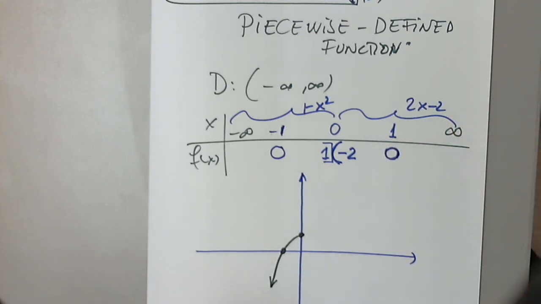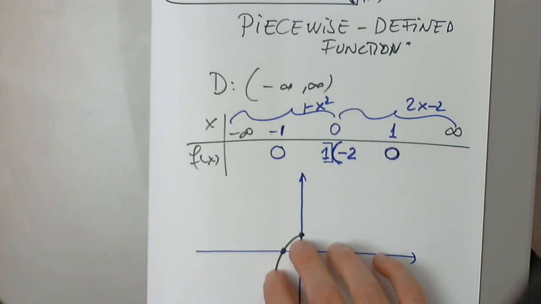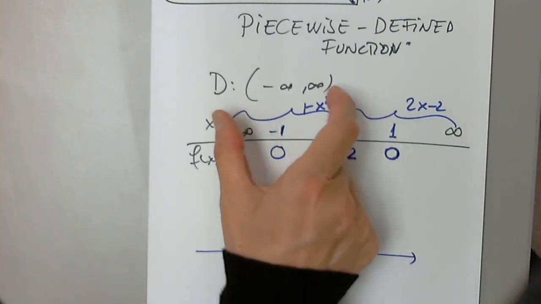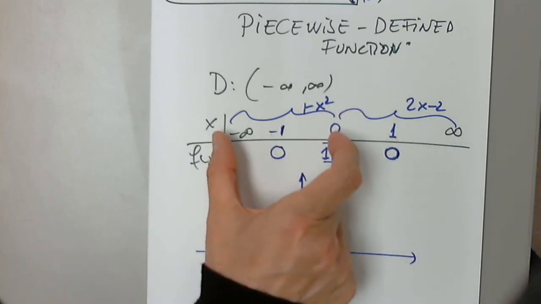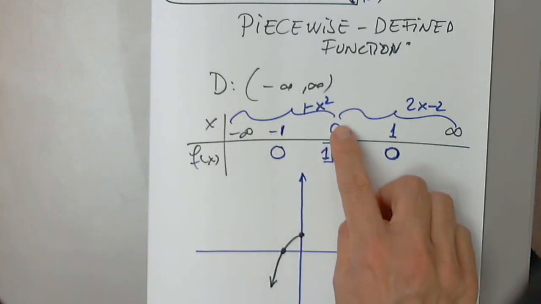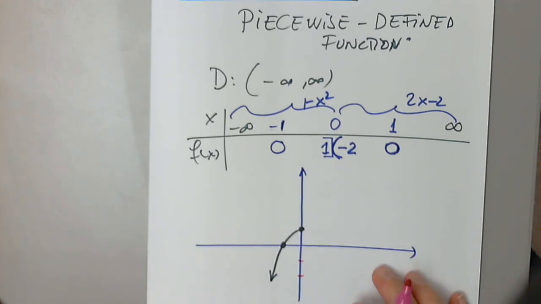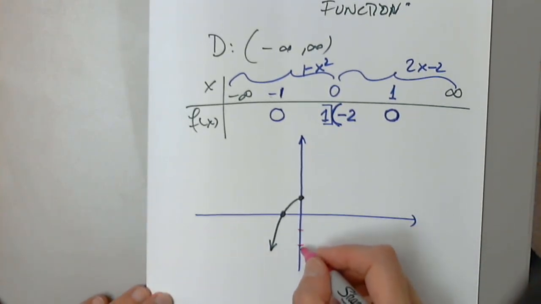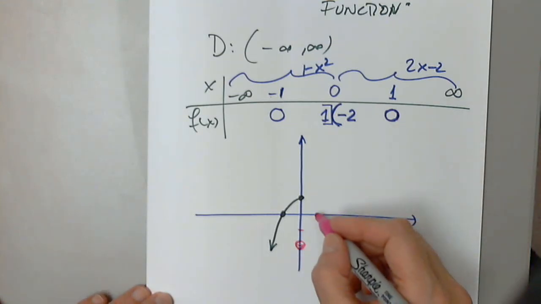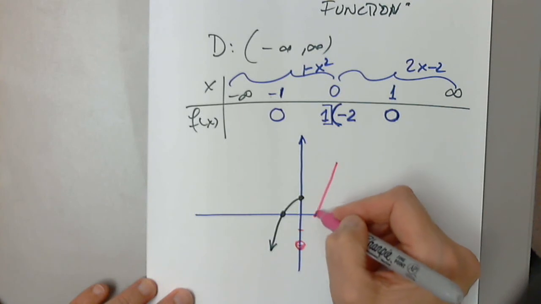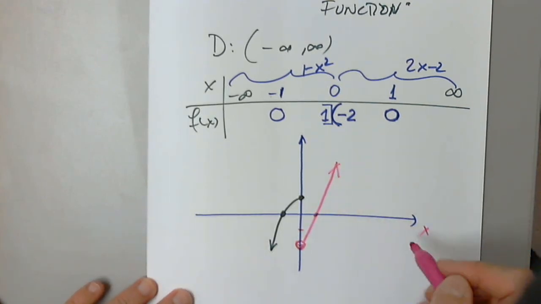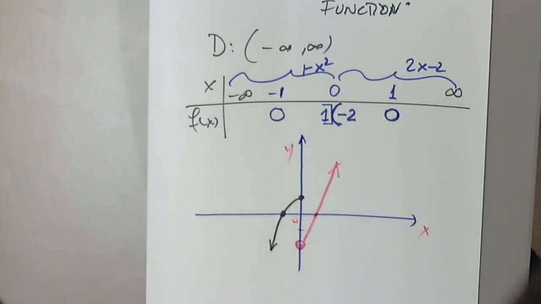Okay, 0, negative 2. You know we cannot extend it to the right. This piece is only between negative infinity and 0. 0, negative 2. What type of point? Open. Thank you. And 1, 0. This is the graph.